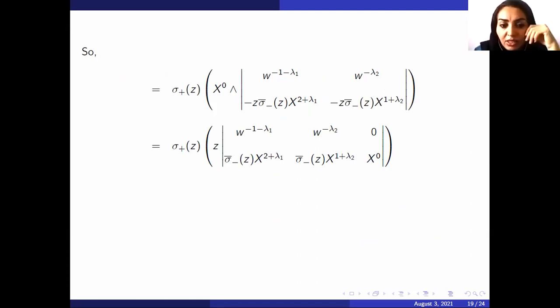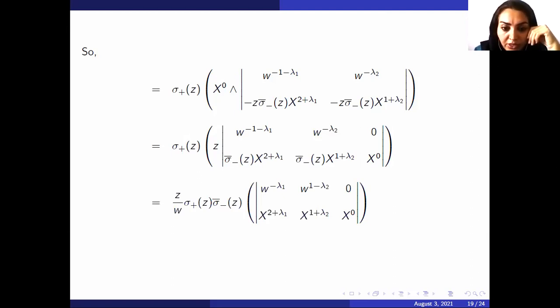These are just a few technical steps, but you can check easily. Then again, since sigma minus bar z is a Schubert derivation, we can factorize it and write it outside. And also we can factorize W minus 1. So we have z over W sigma plus z, sigma minus bar z, times this determinant.